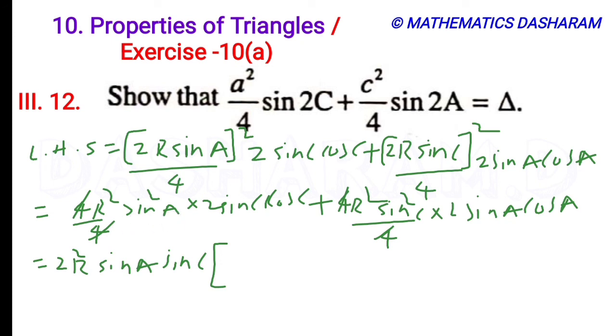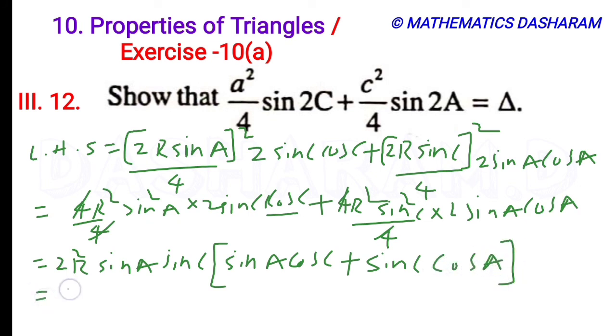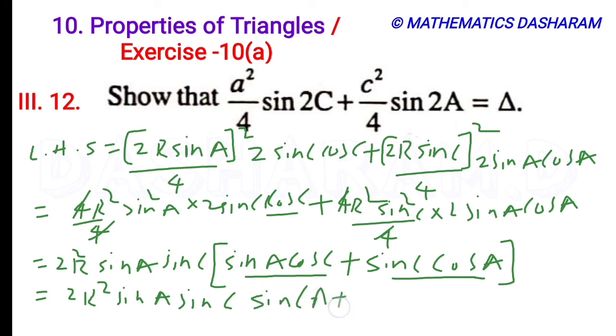Then here sin²A becomes sin A and cos C will be there, and here sin²C, only sin C will be there, next cos A. So it equals 2R² sin A sin C times (sin A cos C + cos A sin C), which is sin(A + C).